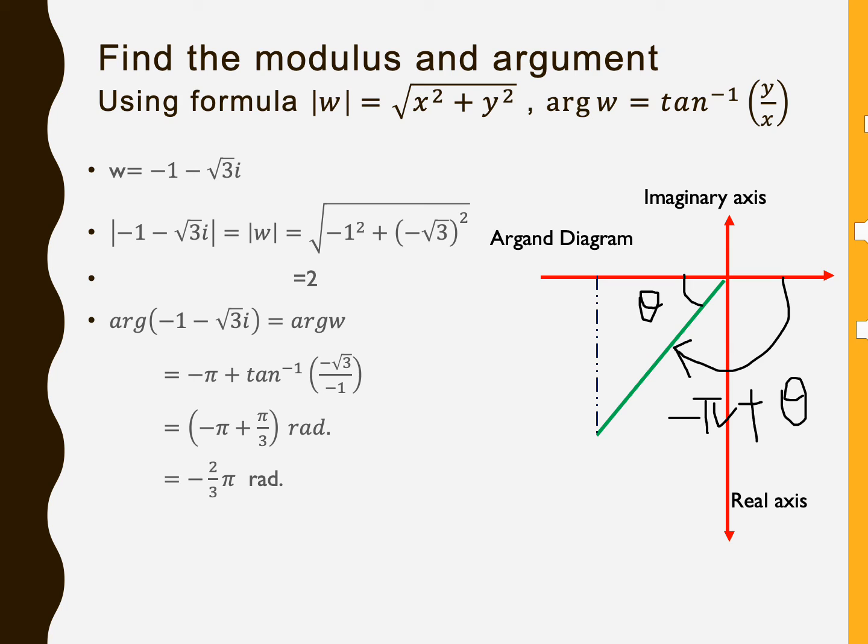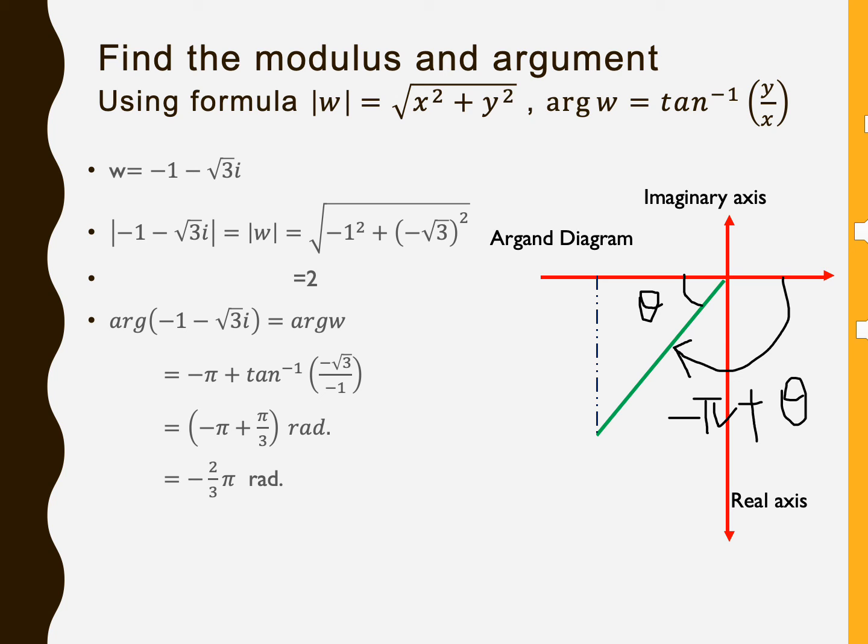We locate the complex number w as a point on the Argand diagram. It is in the third quadrant. So according to the principal argument, in the third quadrant it is equal to -pi plus arctangent y over x.